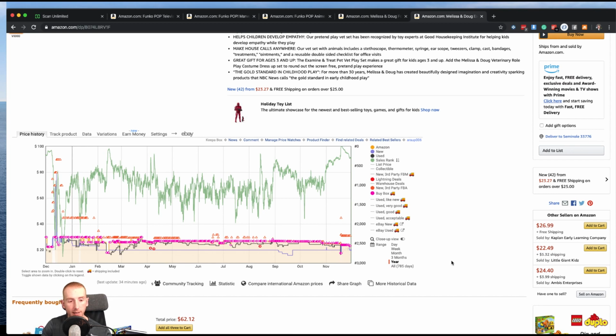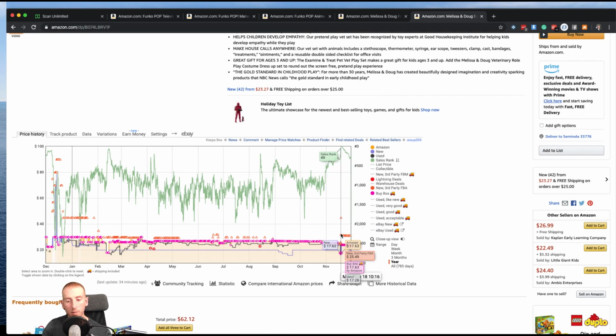If you think that this item is seasonal, which this item very much is, then you might be able to predict where the price will be, and maybe at that price you would be competitive. So for example, today is November 30th 2019, so we are in the middle of the holidays.